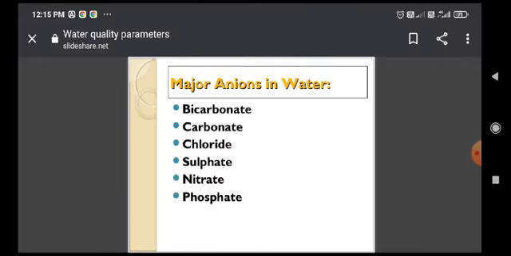Major anions are bicarbonate, carbonates, chloride, sulfate, nitrate, phosphate, phosphorus, silicon. Silicon never occurs in the free state. It is soluble silicates and is used in the form of salt by diatoms and sponges, for the formation of spicules.